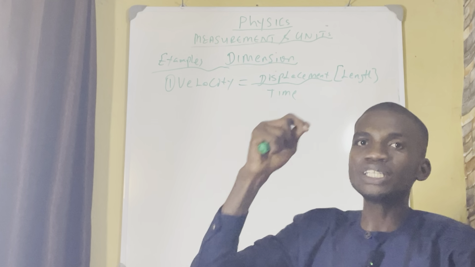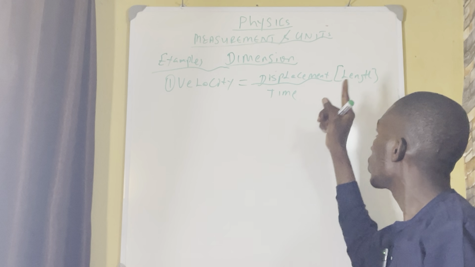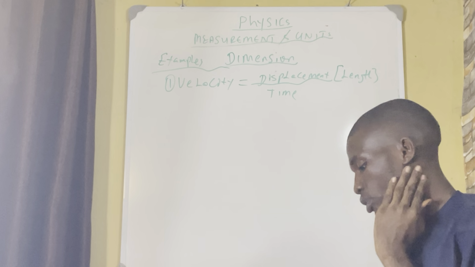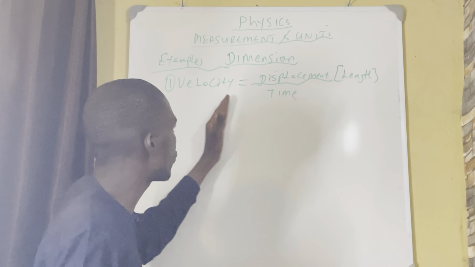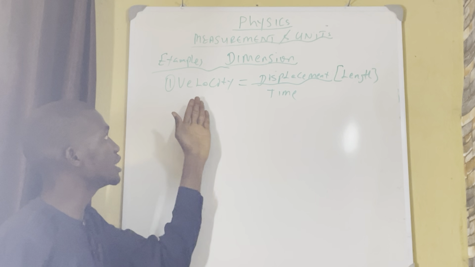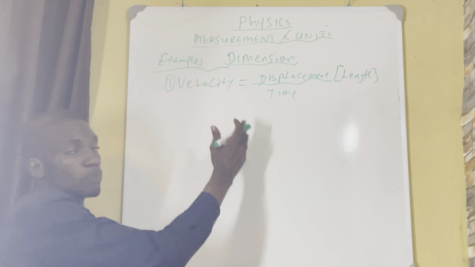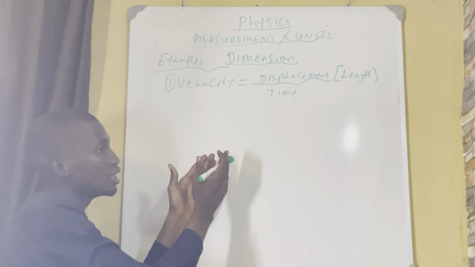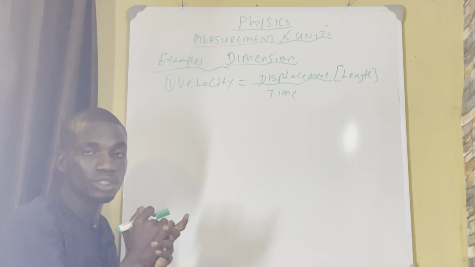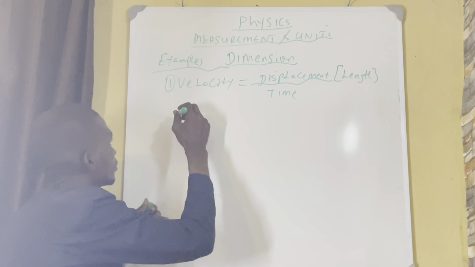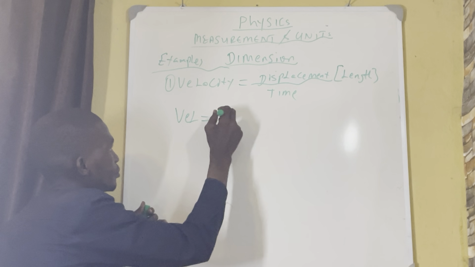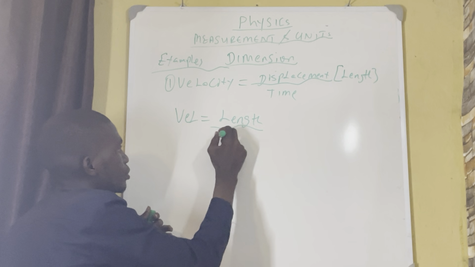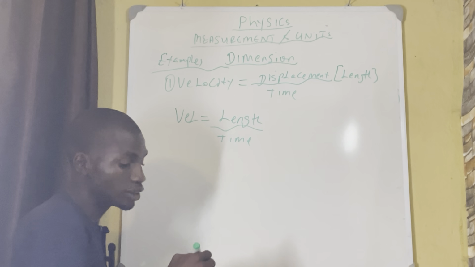So now, when we look at velocity, we have seen that it is equal to displacement, that is length, over time. We have converted velocity to length and then what? Time. Do you understand? So velocity is length over time.